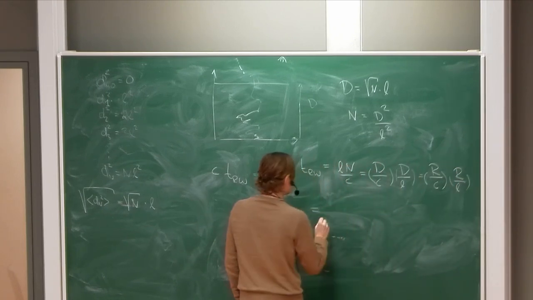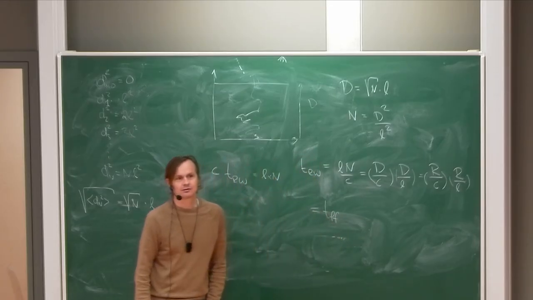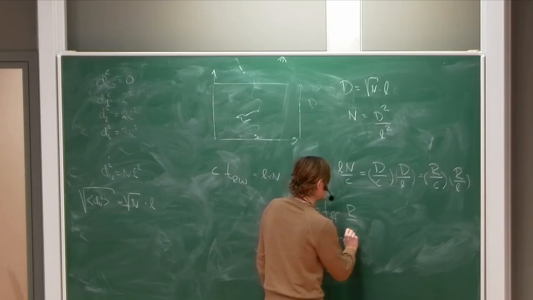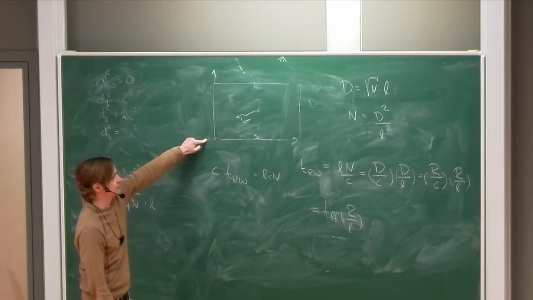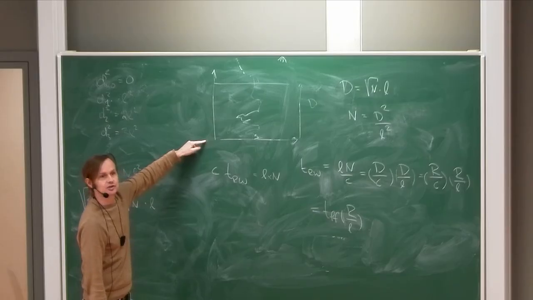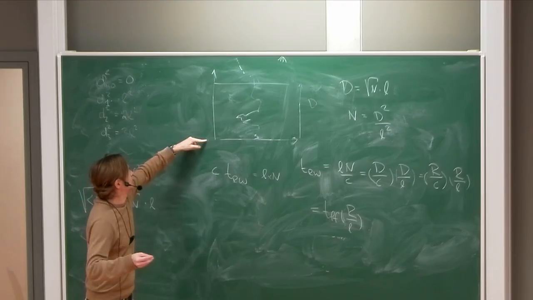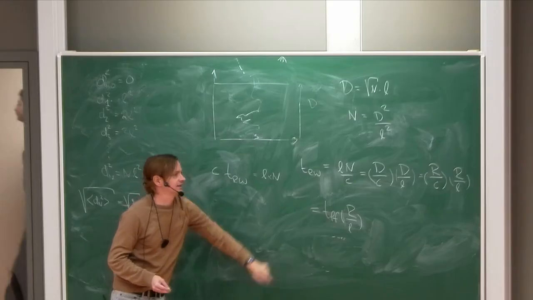Now, the first term here we recognize as the free flight time, right? And the second term is the enhancement factor. The free flight time is how long it would take the photon if it were just freely escaping from where it was initially created, released, and then just out here, right? That's the free flight time.